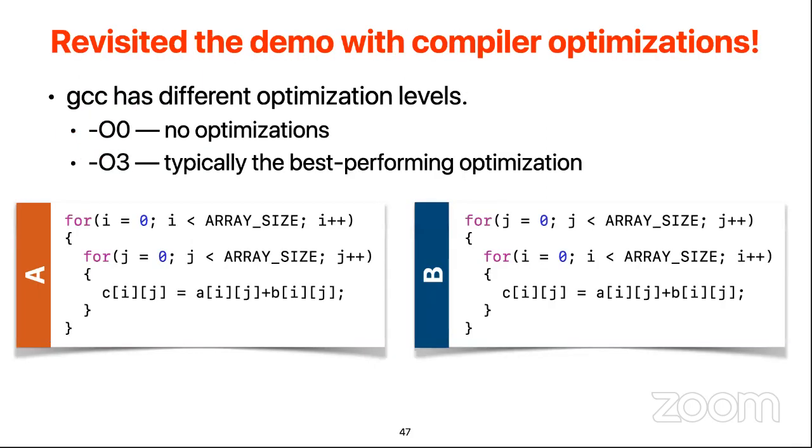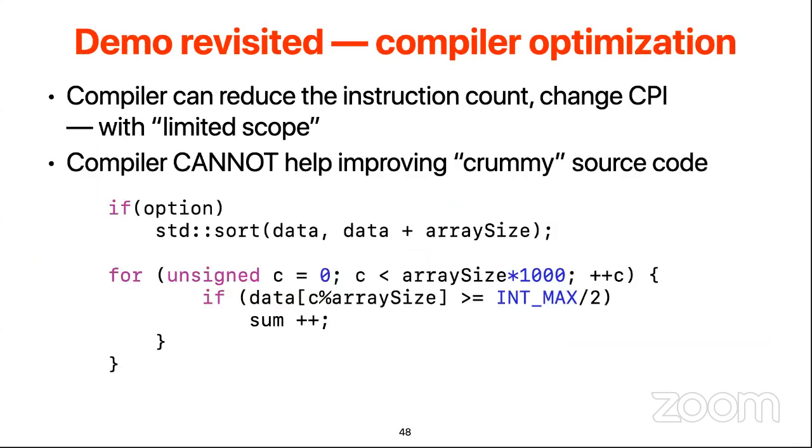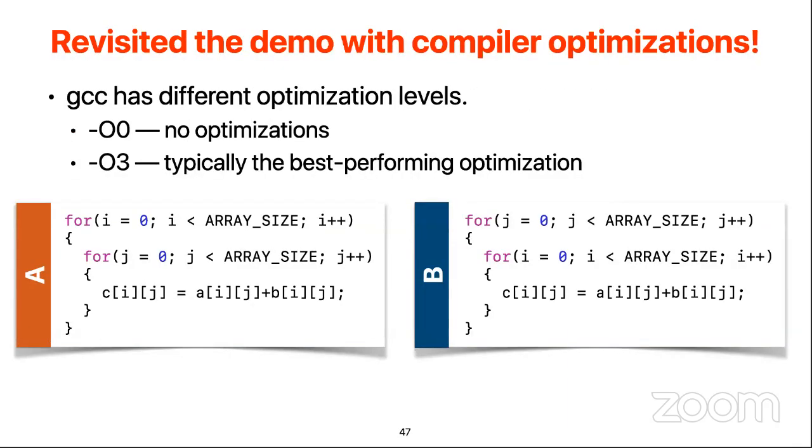So the compiler, again, affects the instruction count and the CPI. However, the compiler cannot do this for you, right? Even for this one, the compiler will not flip the order of the loop, because the compiler just doesn't know if it's safe.